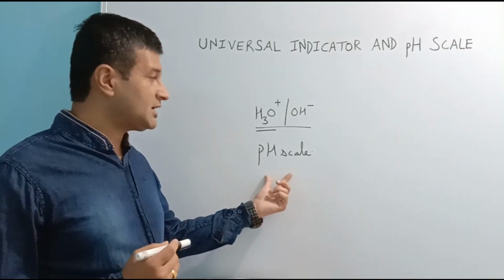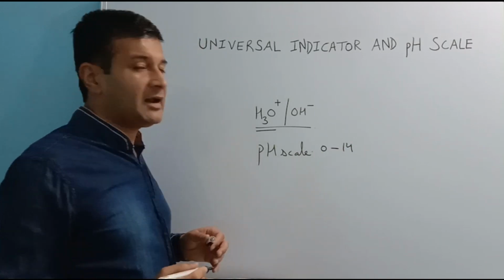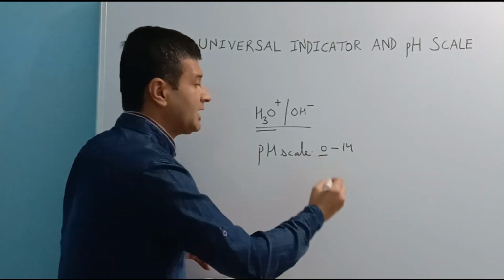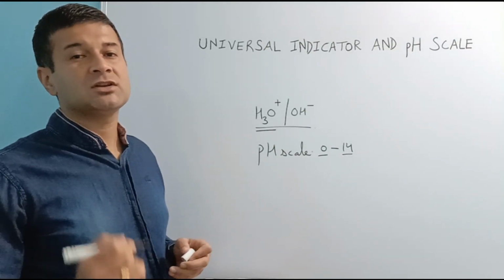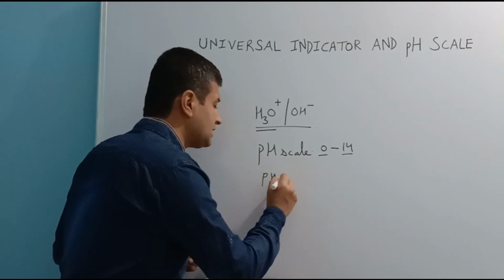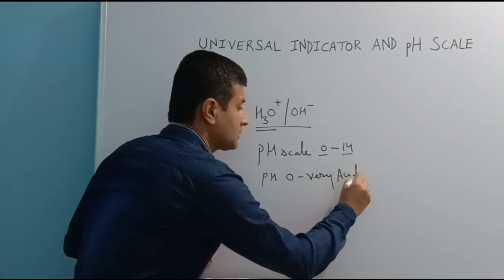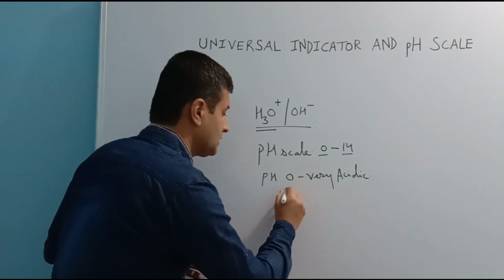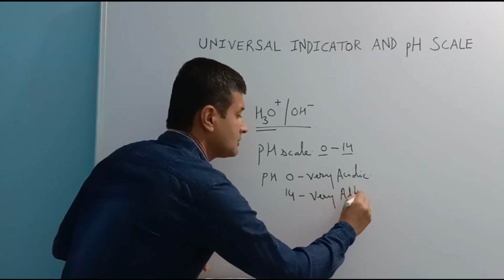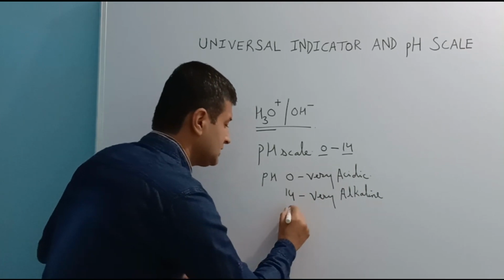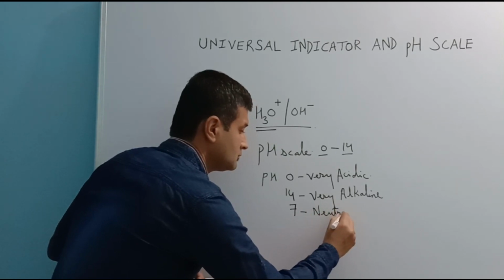The range of the pH scale is from 0 to 14, with 0 being very acidic and 14 being very alkaline. 7 is the pH of a neutral solution. pH 0 is very acidic, whereas 14 is very alkaline, and pH 7 is neutral.